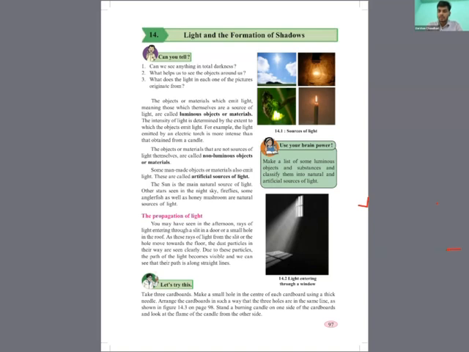Let us take a different color so you will understand easily.